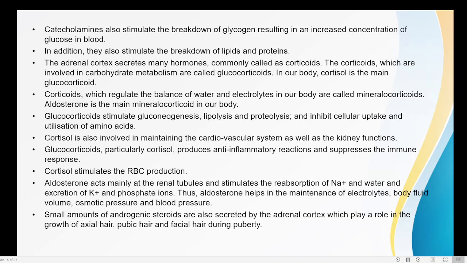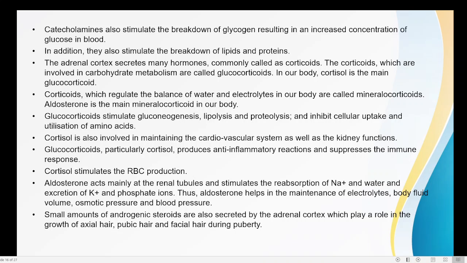Androgen is actually a male hormone, but a small amount of this male hormone is also produced in females, and this male hormone is responsible for the growth of axillary hair, and also the sexual desire of the person is controlled by this male hormone produced by the adrenal cortex.